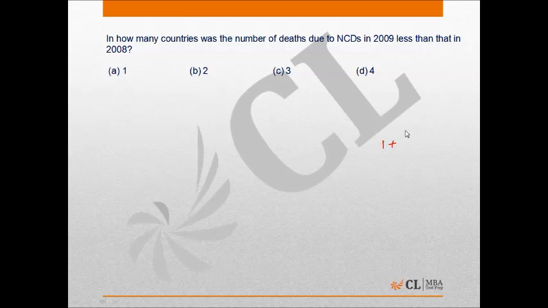Now coming to India, figures are quite close, so we have got to compute it. Total number of deaths due to NCDs in India in 2008 was 2967 plus 2273, which is equal to 5240, and in 2009 it is 3160 plus 2020, which is equal to 5180.